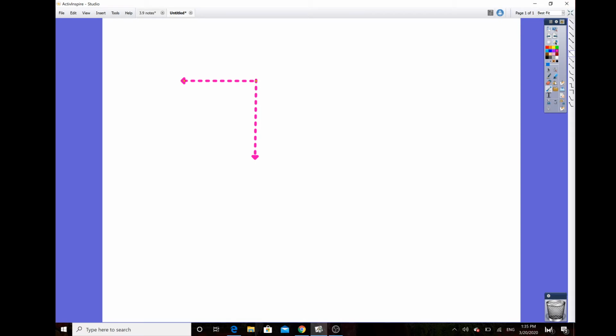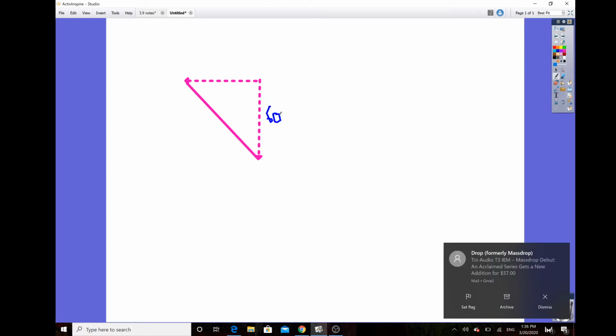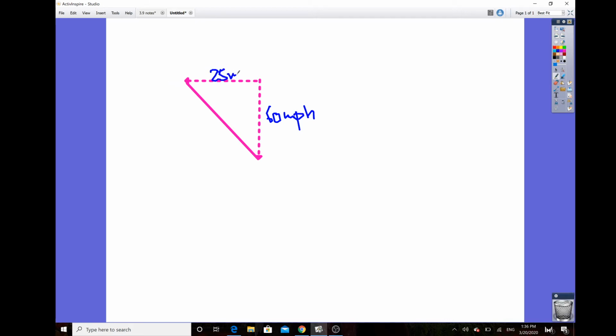And we want to find the rate of change of the distance right between these two cars. Okay, so one is 60 miles per hour, and the other one is 25 mph.